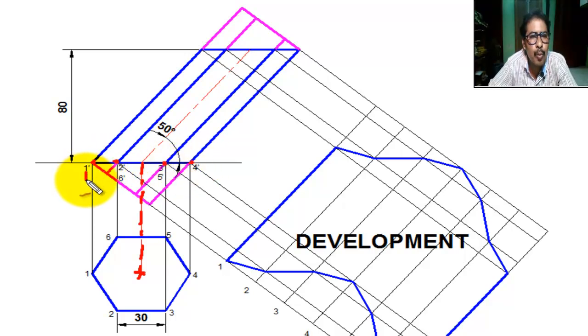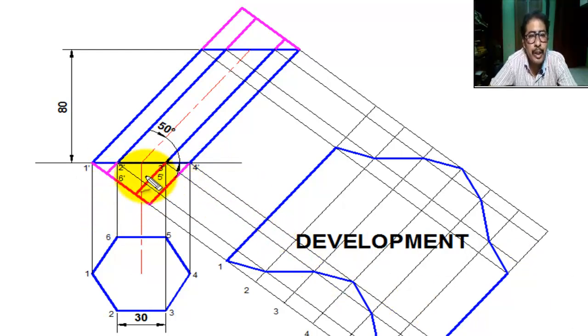This point is 1 dash. This point is 2 dash and 6 dash. This point is 3 dash, 5 dash. This point is 4 dash.